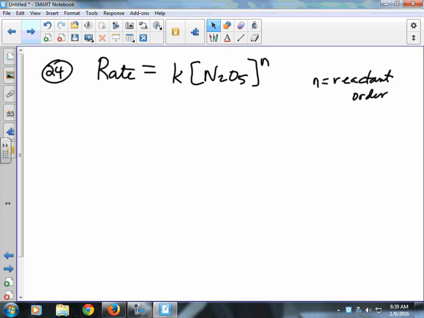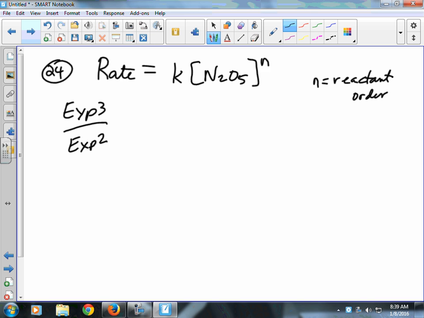All right, 3 is bigger. Okay, so rate for 3, 3.26 times 10 to the negative third moles per liter second equals k times concentration 0.275 moles per liter, to the n order.